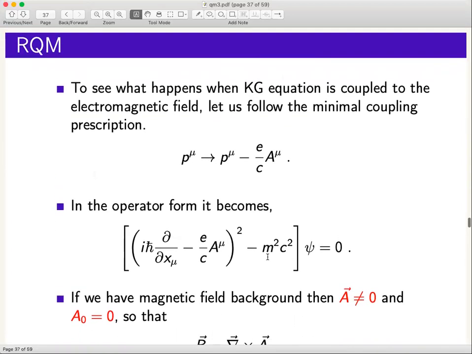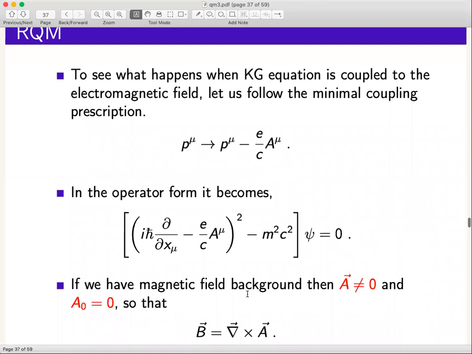Now remember that we want to study this system really. If you want to study the hydrogen atom problem, you really want to study the Coulomb potential problem. But when you write down the equation in the covariant form, then of course you have a gauge field with all its components appearing in the equation, namely not only A0, but you also have a vector potential A. And the vector potential is the one which is responsible for generating the magnetic field.